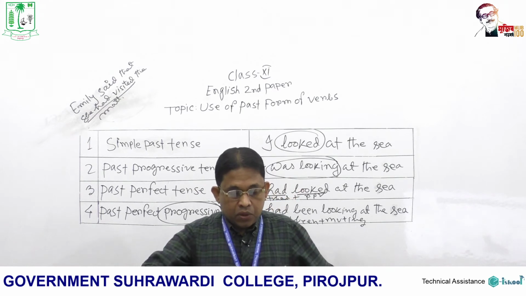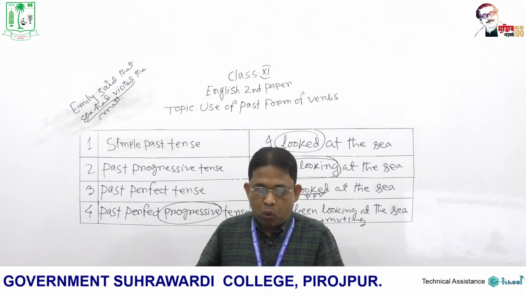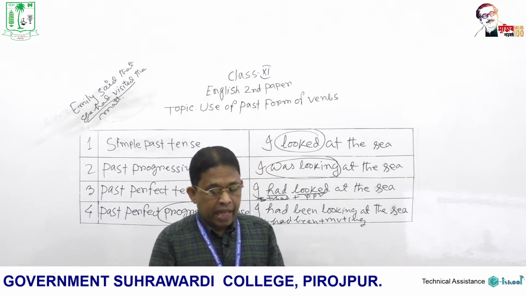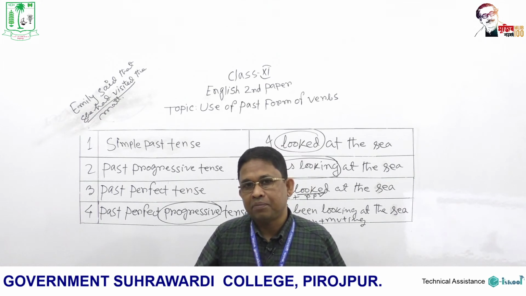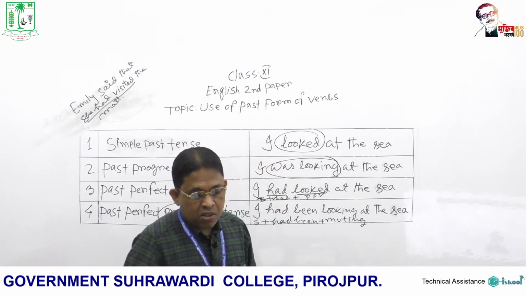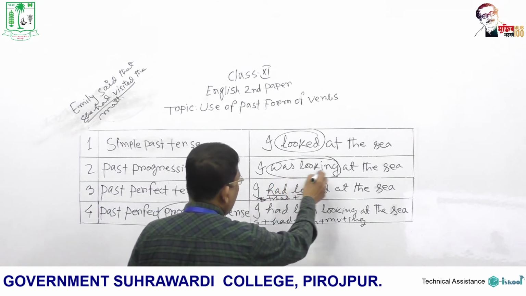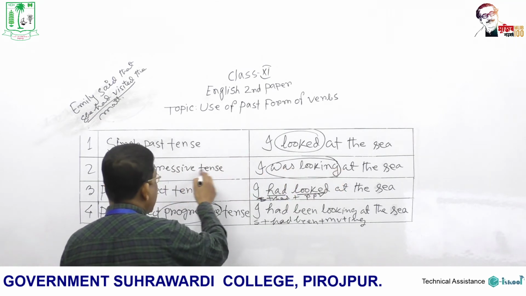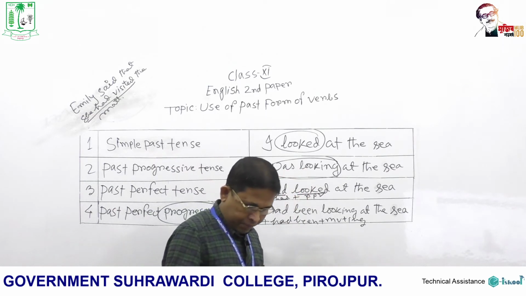And this past perfect progressive tense indicates an ongoing action that would be completed at some definite point of time. So, this also indicates an ongoing action, as I was saying. Past progressive tense indicates an ongoing action of the past.